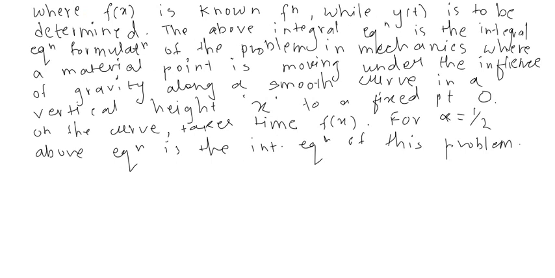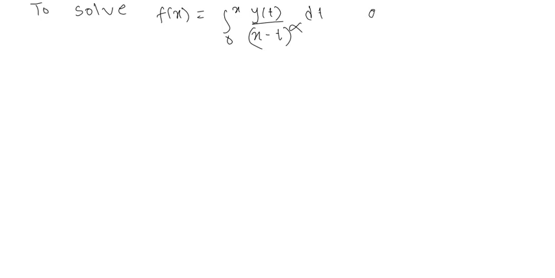So now to solve this equation, that is f of x equal to integral from 0 to x y of t by x minus t raised to alpha dt, where alpha value is between 0 and 1. Let us name this equation as 1.